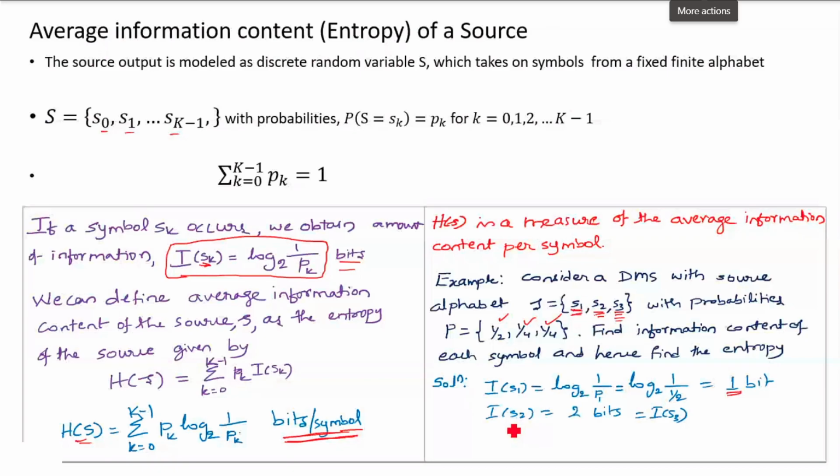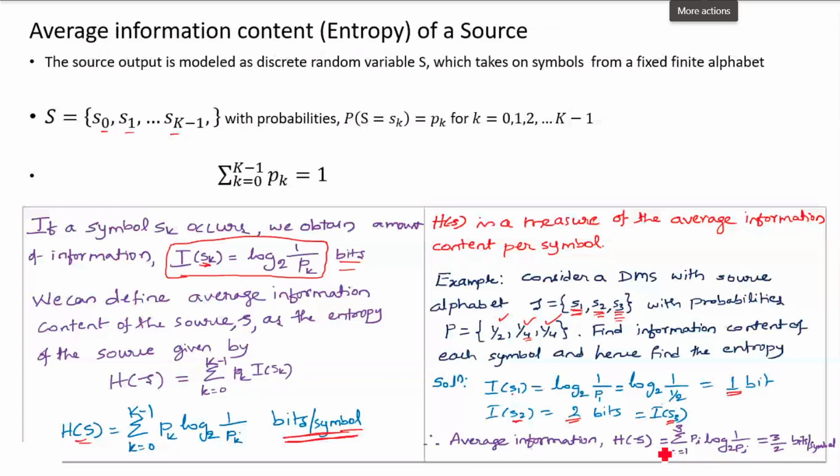Similarly, I get 2 bits of information when S2 gets emitted, and 2 bits when S3 gets emitted. So if symbol S1 gets emitted, I gain 1 bit of information. If S2 or S3 gets emitted, I get 2 bits of information.